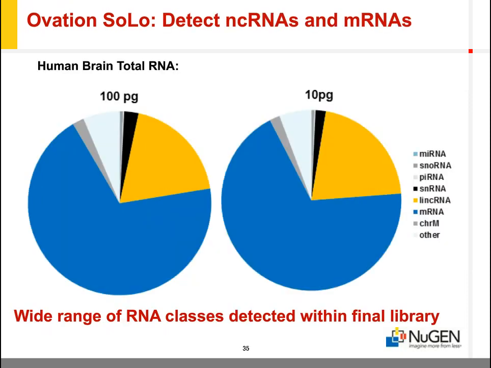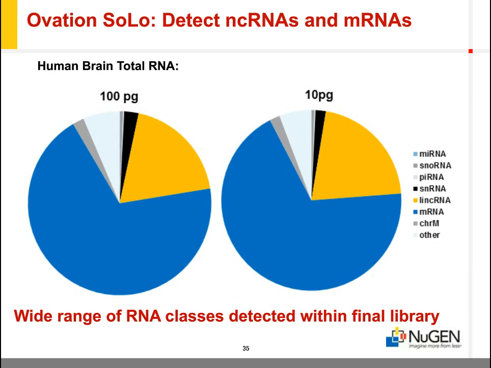To further measure the ability of Solo to detect transcription across the genome, we performed an analysis of all RNA classes detected in final libraries generated from two input levels, 100 picograms and 10 picograms, from human brain total RNA.